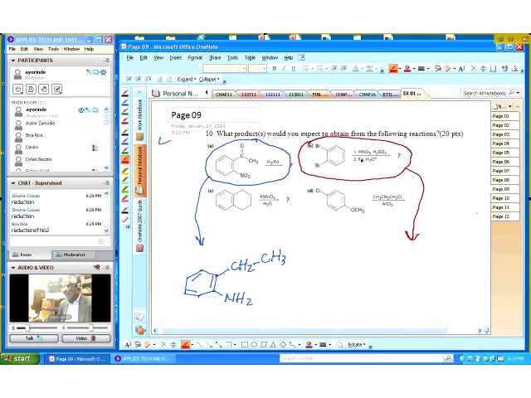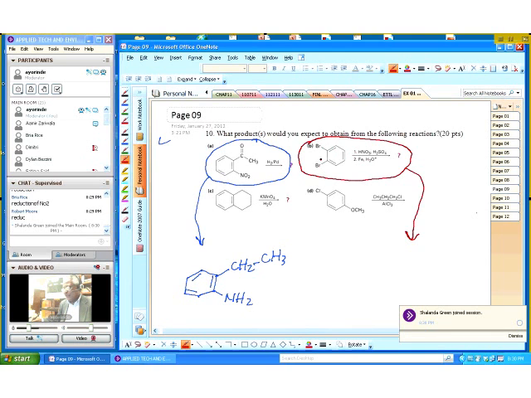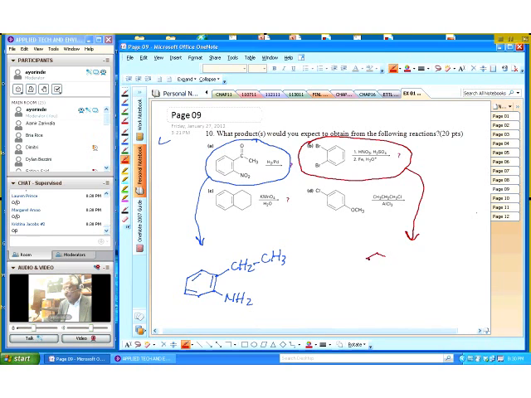So now, since you agree that we are going to do nitration first, and we have here 2 bromine atoms, we know that bromine is what kind of director? Ortho para director. So we will expect to get this product. You have bromine here, another bromine here.